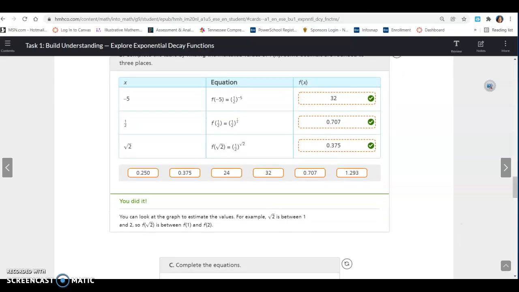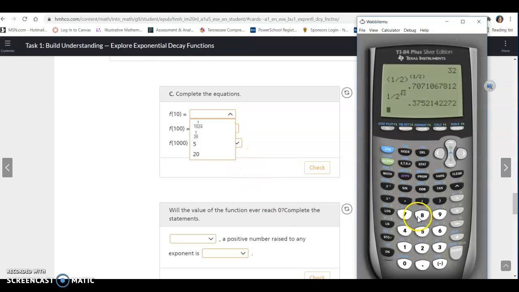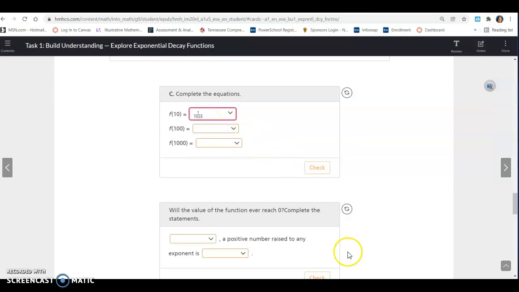All right, so moving on, it says complete the equations. All right, so we've got 1/2 to the 10th. Okay, let's see. 1 to any power is just 1. So what's 2 to the 10th power? All right, so it's going to be 1 over 1024.